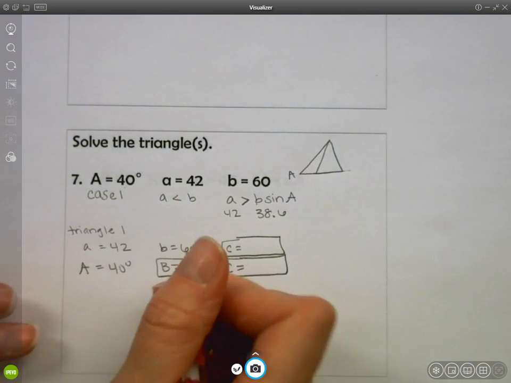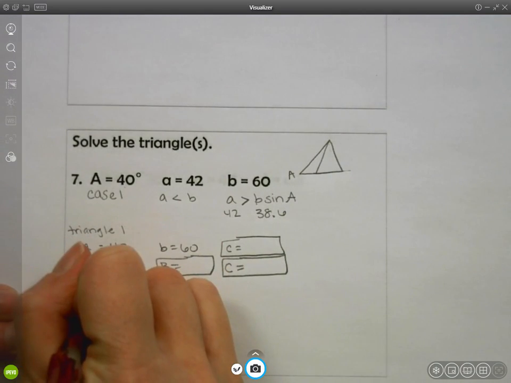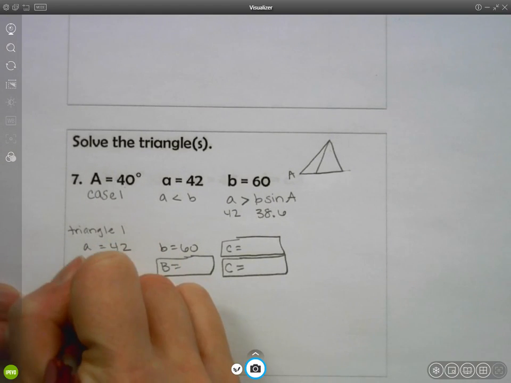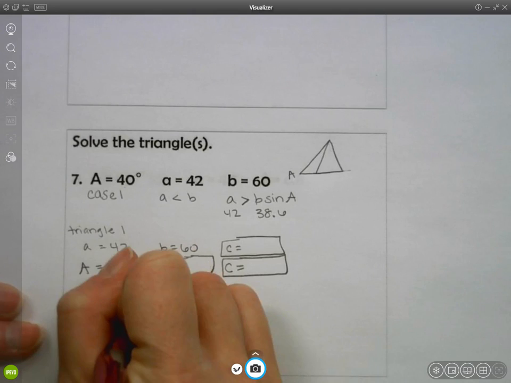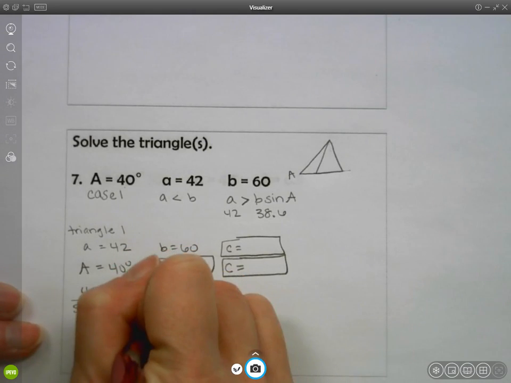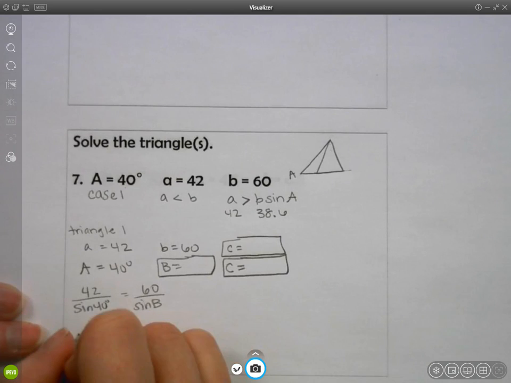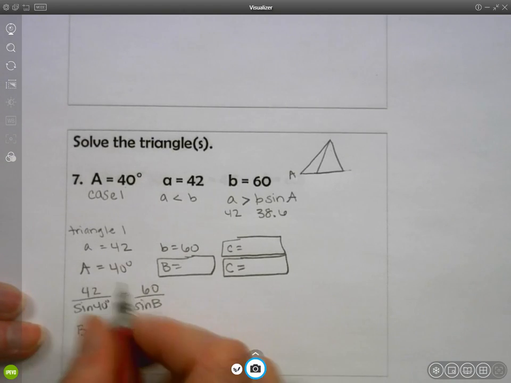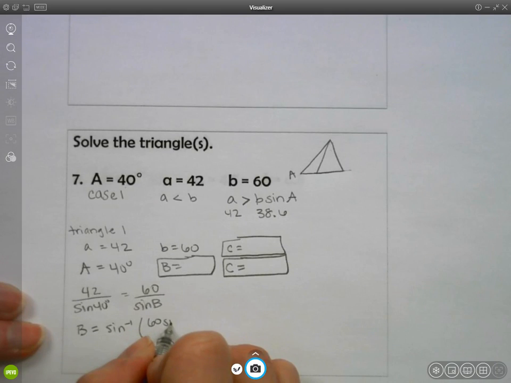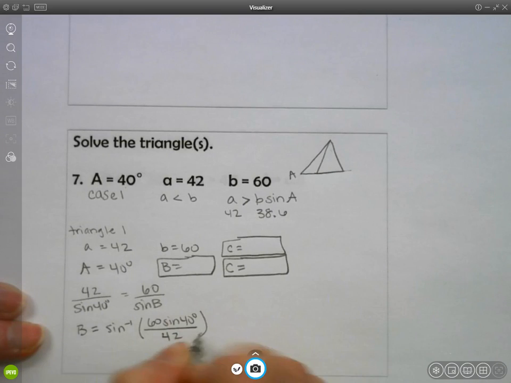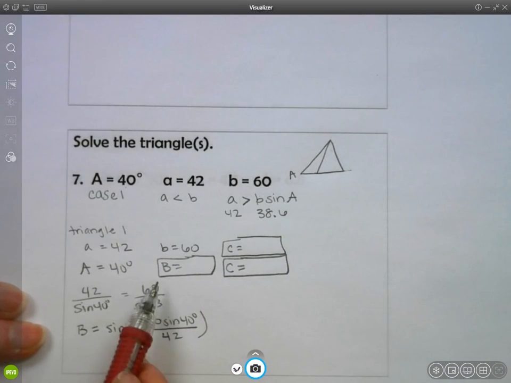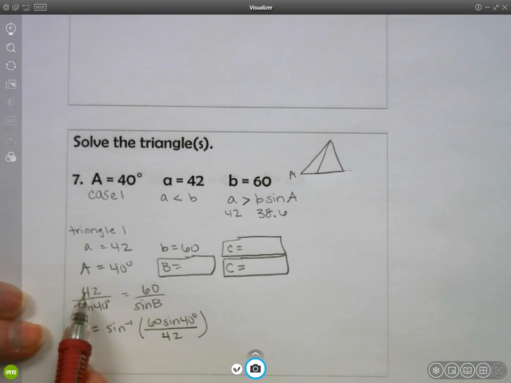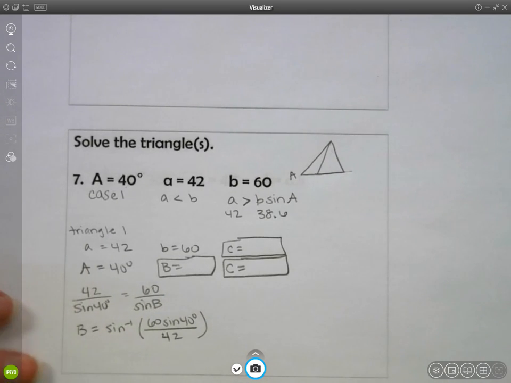We can set up that 42 over sine of 40 is equal to 60 over sine of B. So sine B is equal to 60 times sine 40 divided by 42. To get angle B, we do inverse sine.